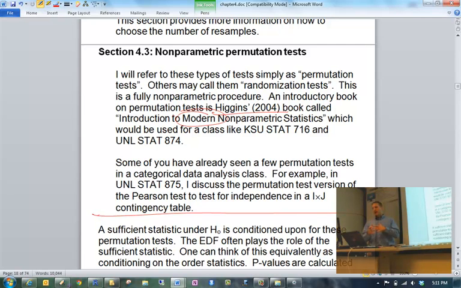I don't know if this is the case or not. Has anybody taken Stat 874 here? Non-parametrics. Okay, sometimes it's offered as a summer course. Is it still taught from the point of view where you're doing normal distribution approximations for stuff, you're not actually talking about permutation tests?